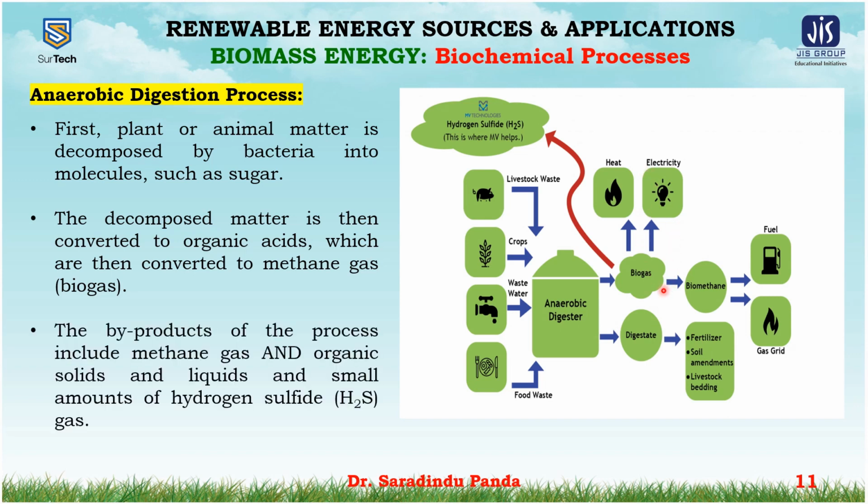The byproducts of the process include methane gas, organic solids and liquids, and small amounts of hydrogen sulfide gas, fuel to the gas grid as the biogas. And from the anaerobic digester, the digestate, which is used as fertilizer, soil amendments, and livestock bedding.